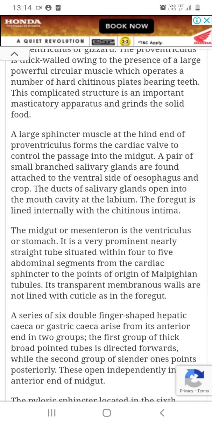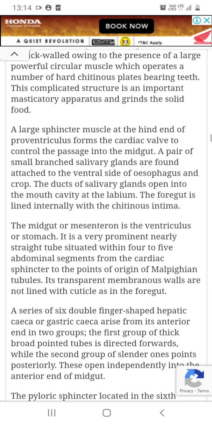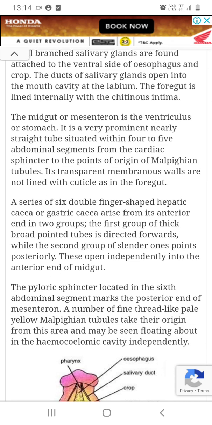The midgut or mesenteron is the ventriculus or stomach. It is a very prominent straight tube situated within four to five abdominal segments, from the cardiac sphincter to the point of origin of the Malpighian tubules.